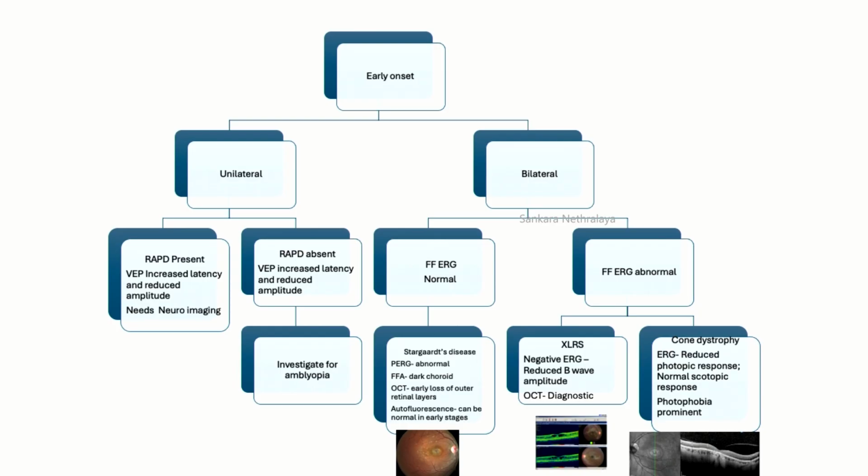The disorder starts in the inner retina, and hence the A wave is okay and the B wave is affected. That's called a negative waveform. It's called negative waveform because predominantly when you look at the waveform, it's a negative one which you see, not the positive one, okay? Because the B wave doesn't go up at all. That is X-linked retinoschisis, a negative ERG, reduced B wave amplitude, and OCT, of course, will be diagnostic.